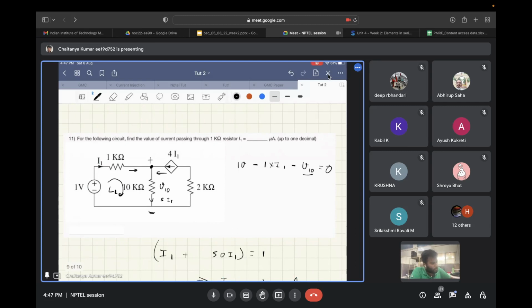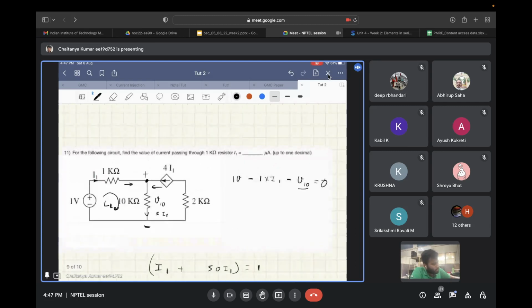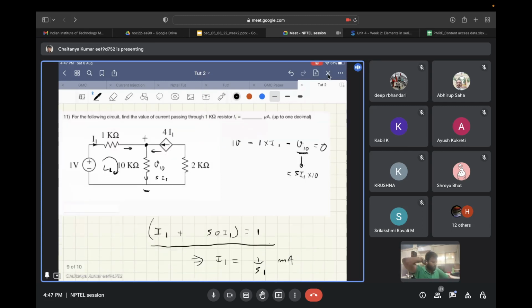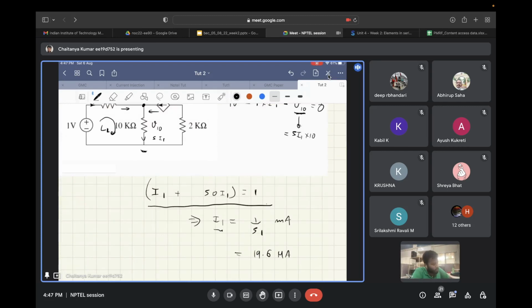So V10 will be equal to 5 I1 multiplied by 10. From here, you will get I1 plus 50 I1 is equal to 1 volt, and I1 comes out to be 1 by 51 milliamps.